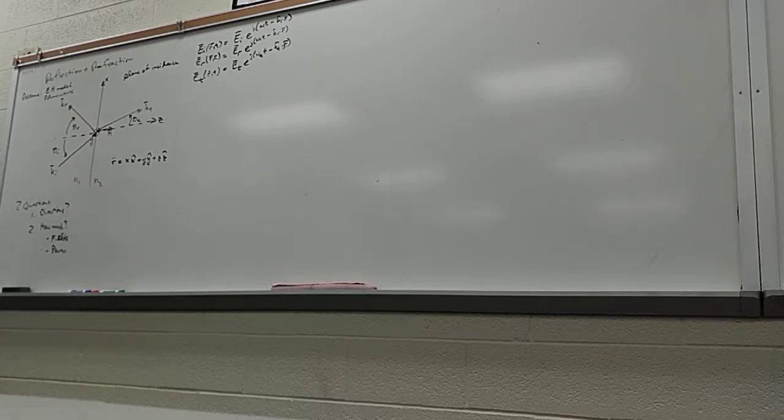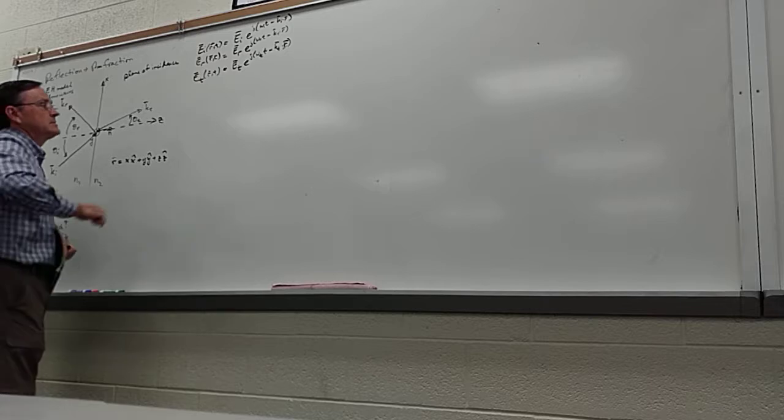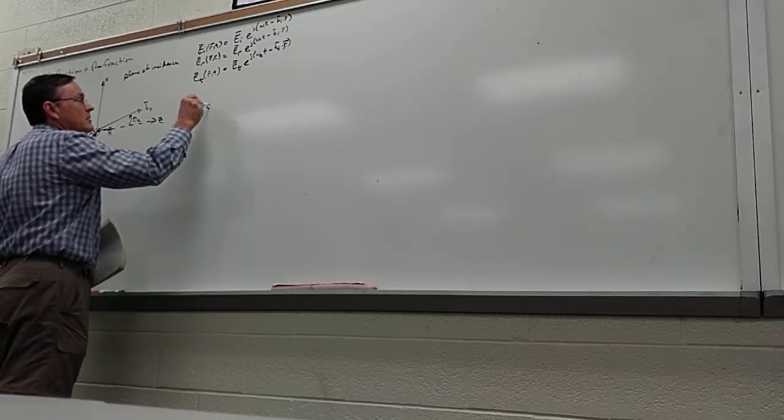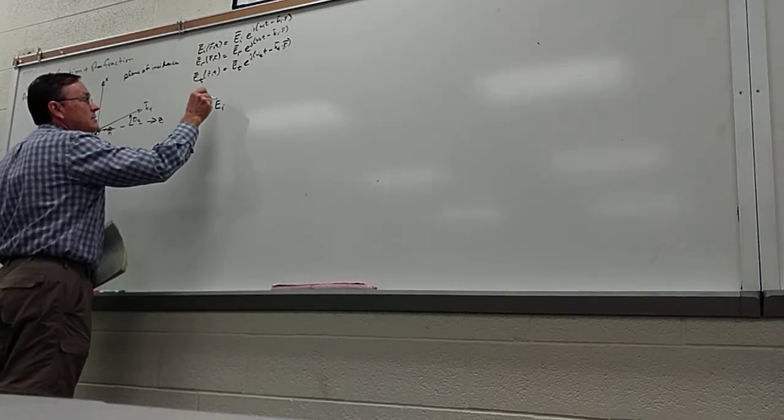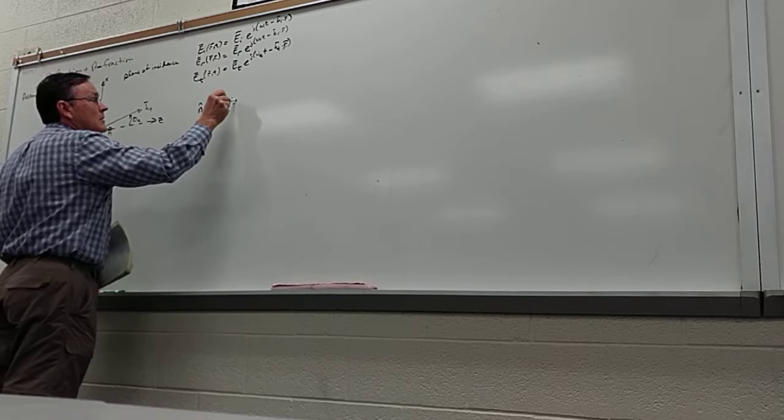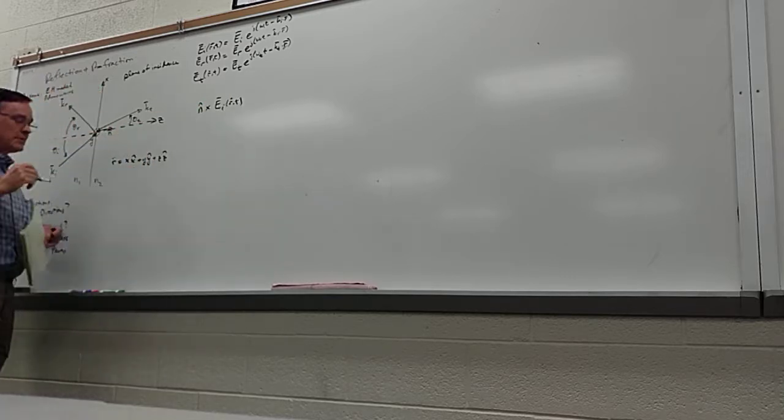So how do we get that? There's an easy way and there's a hard way. Let's do the easy way. The easy way is n hat crossed into E of I, R, T. What direction is that?